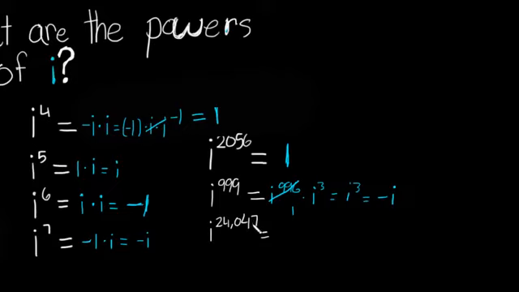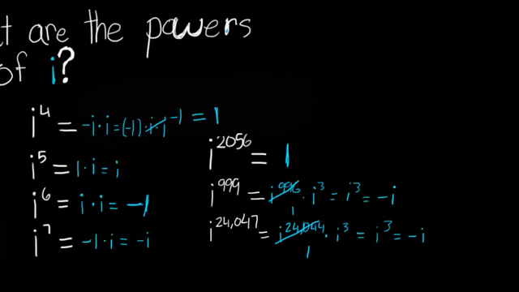Well, 44 is divisible by 4. So i to the 24,047 is the same thing as i to the 24,044 times i to the third power. And since 24,044 is divisible by 4, it just equals 1 times i to the third. And i to the third is negative i. Oh wow, we got the same answer as we did before.